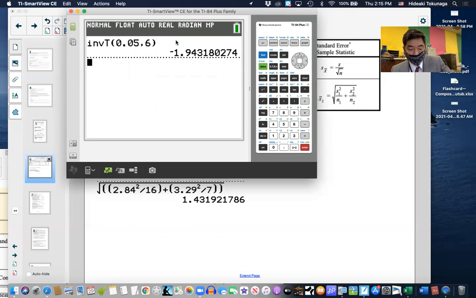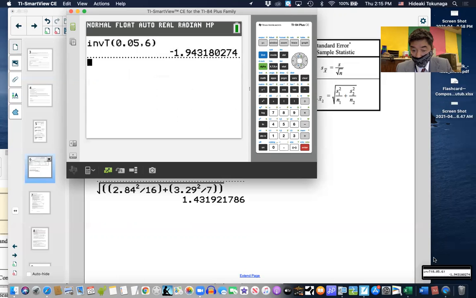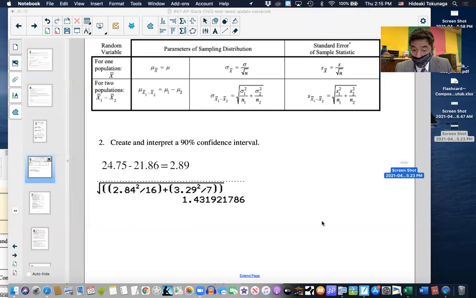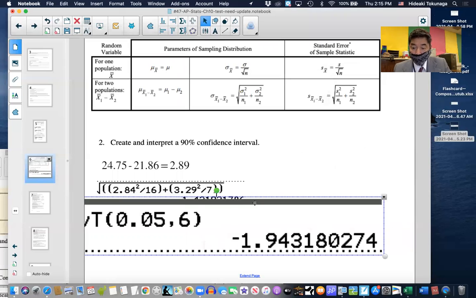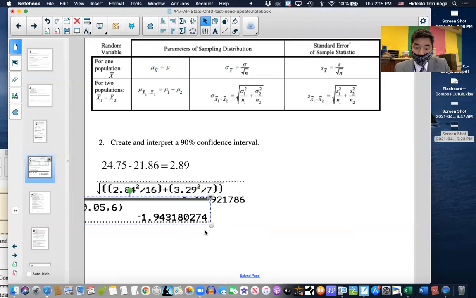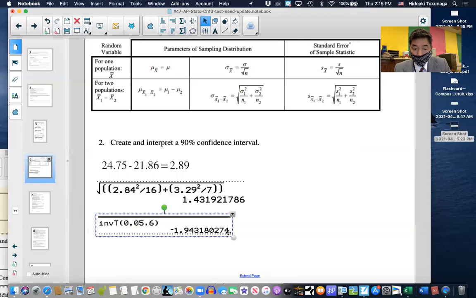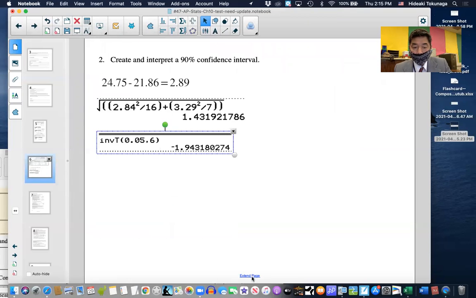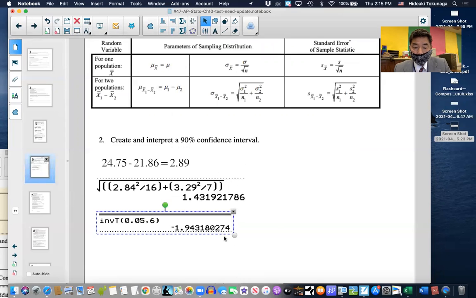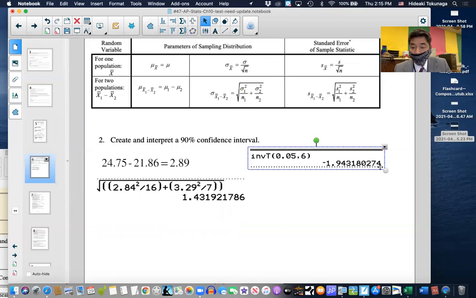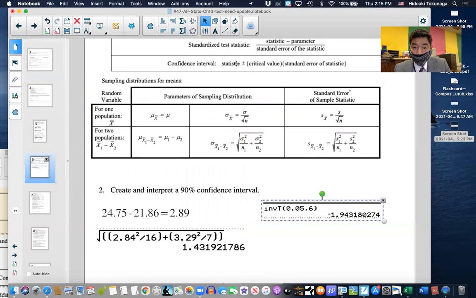Let me carry this 1.94 over here. Now, this is the critical value, so you plug in here.